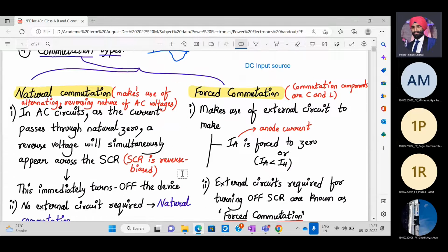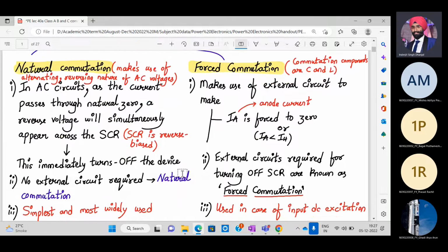Again I revise: natural commutation and forced commutation. For forced commutation, you require external circuitry consisting of commutation components such as a capacitor and inductor. In fact, I will go one step further and tell you that you can also use an auxiliary SCR to turn off the main SCR.